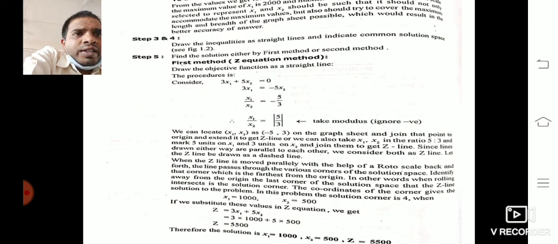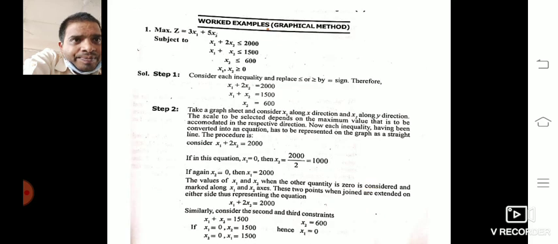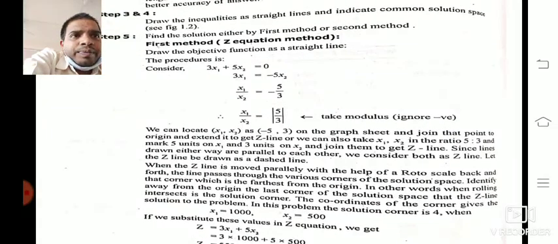The dotted line is the Z equation line, which is the reference line. For that line we need to draw parallel lines by using a rotoscale, up to where we intersect any one corner of the feasible region.